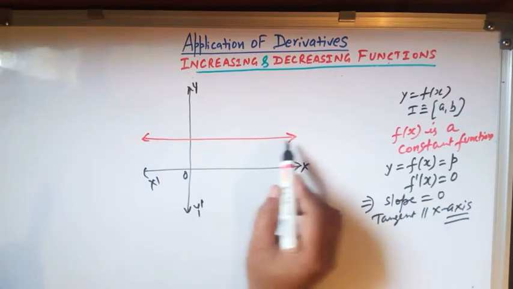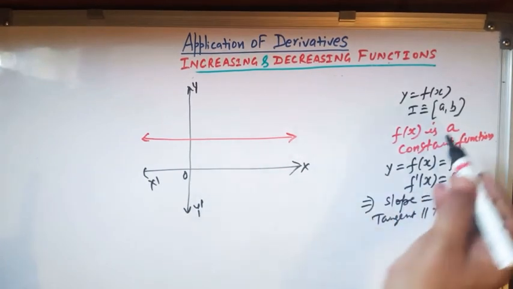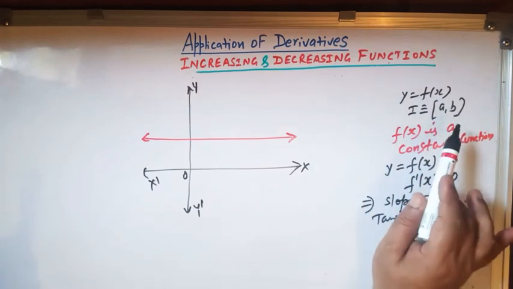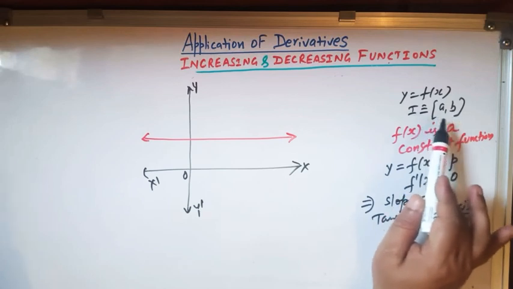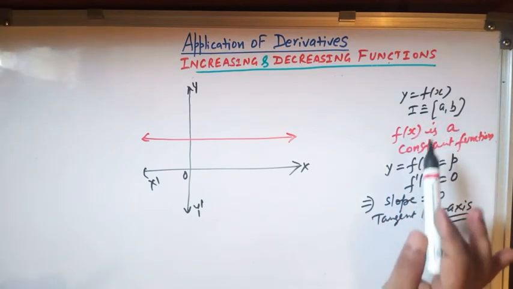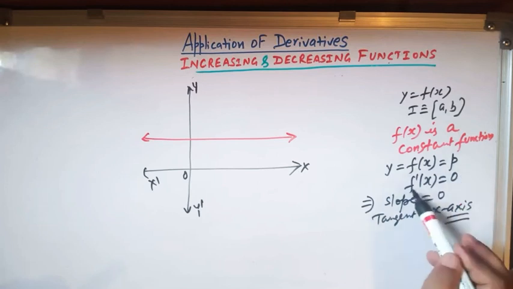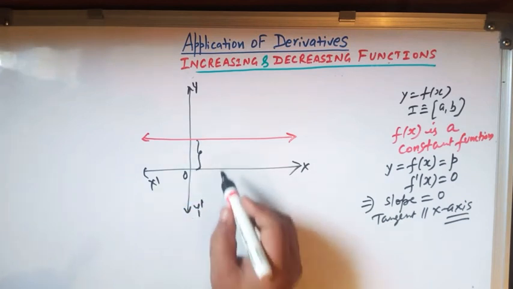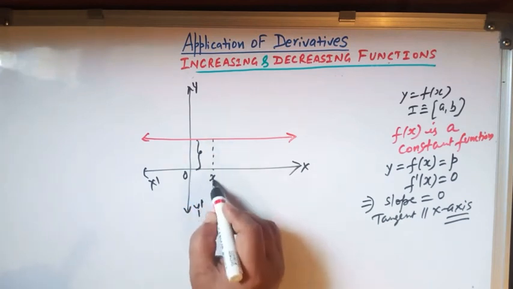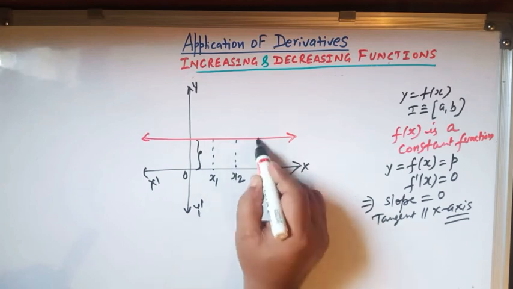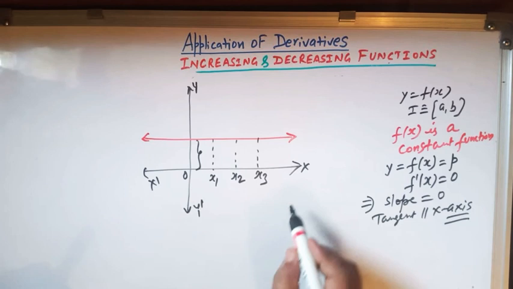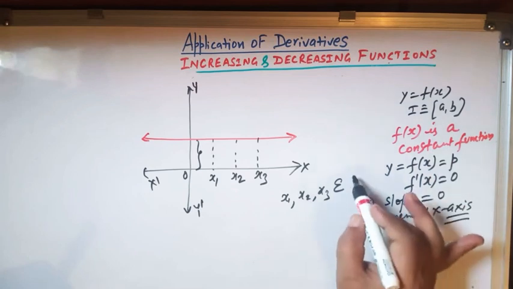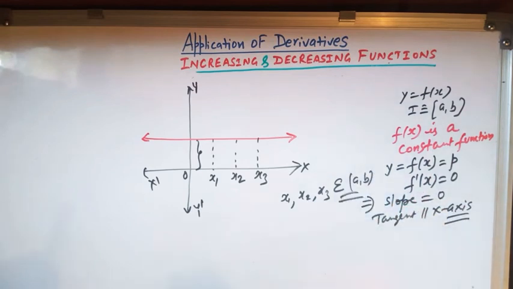So here we have the case: if we have a function defined in the interval (a, b) and it is a constant function, then obviously the derivative is 0 here. So this is the ordinate for all points. For example, we have x1, x2, x3 and so on, all belonging to this interval (a, b).